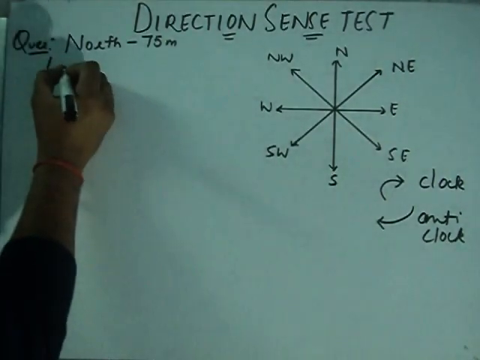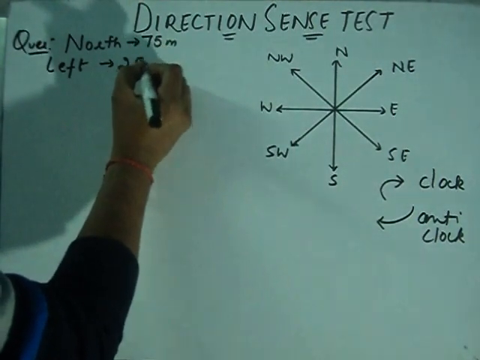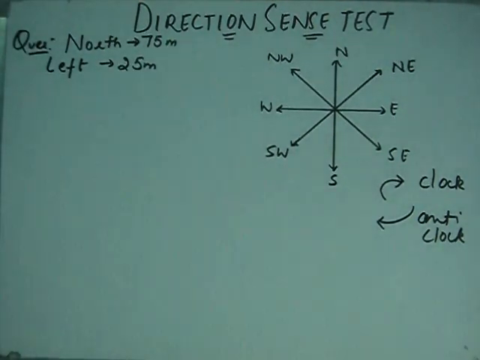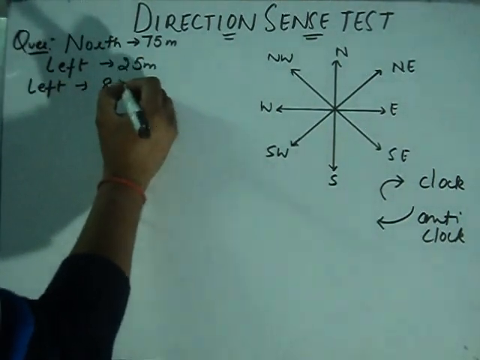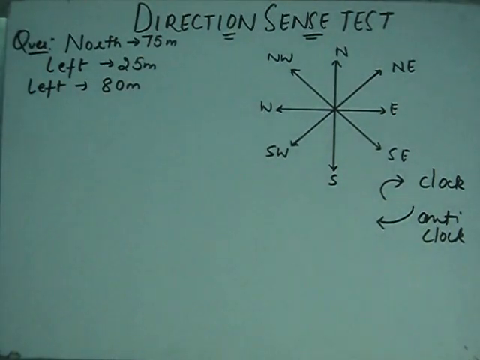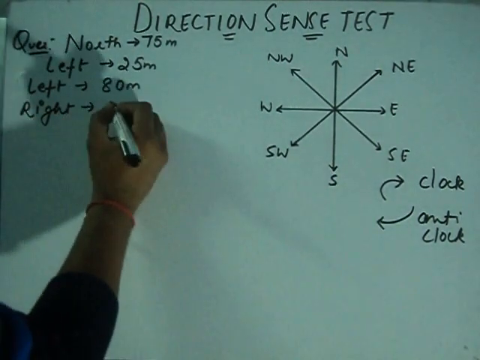Means left and 25 meter. And after that, she turned left again and walked 80 meter. Means left again and walk 80 meter. And finally, she turned right at an angle of 45 degree. Means right turn at 45 degree.